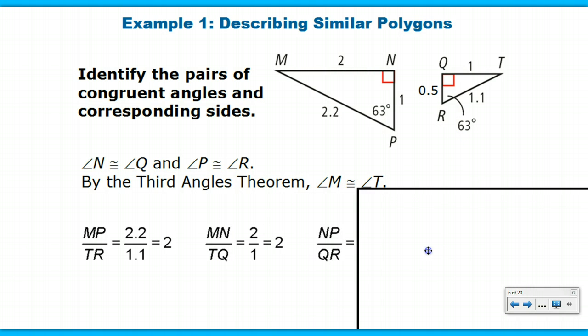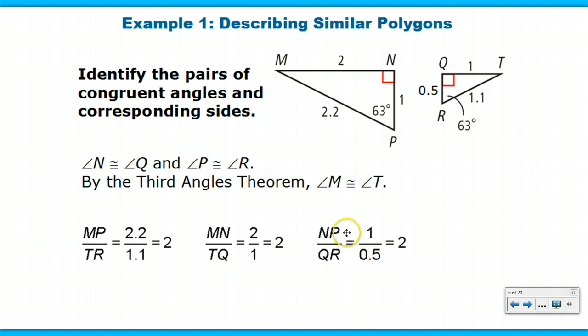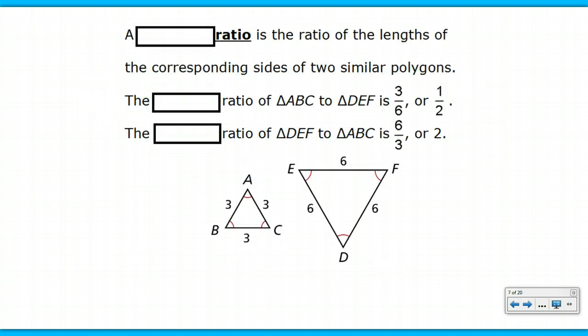And finally, we can name the last sides. NP, again, from the larger triangle, is proportional to QR from the smaller one, and we have the same ratio of 2. This ratio we found is known as the similarity ratio.